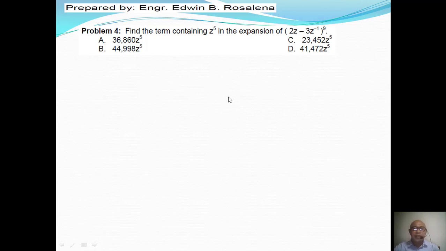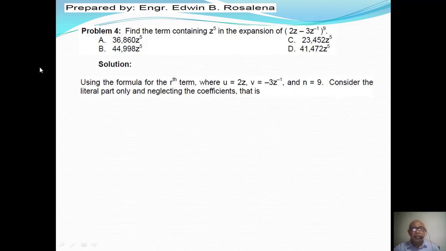Okay. So, ang gawin lang natin dito, we will use the formula for the r-th term. So, r-th term is nCr minus 1, u to the power n minus r plus 1, v to the power r minus 1. Okay. Pero as of now, gagamitin ko lang muna yung literal part. Ito para sa numerical part naman to, di ba? Ito lang.